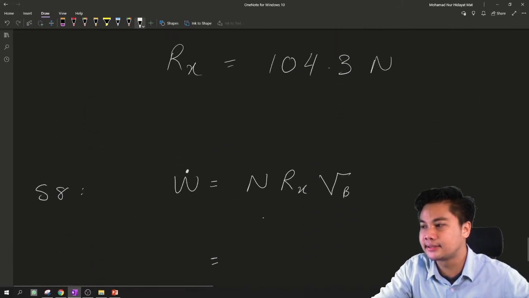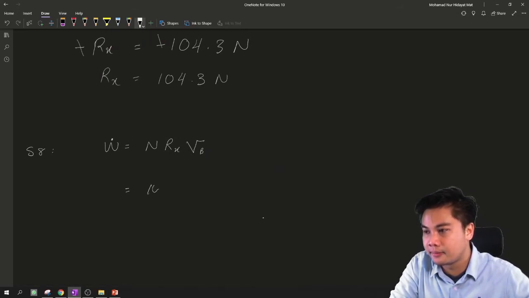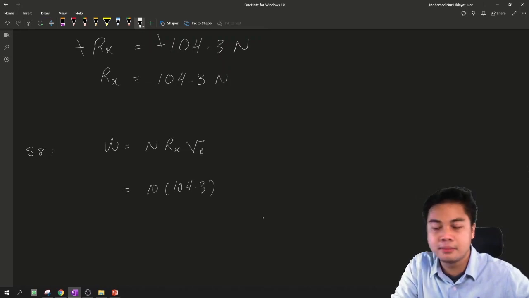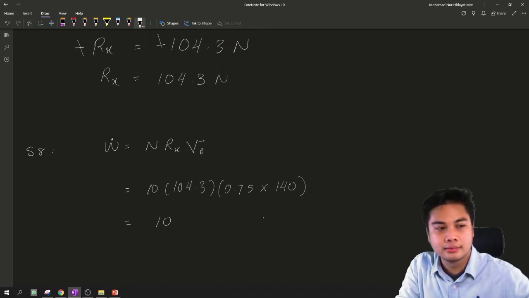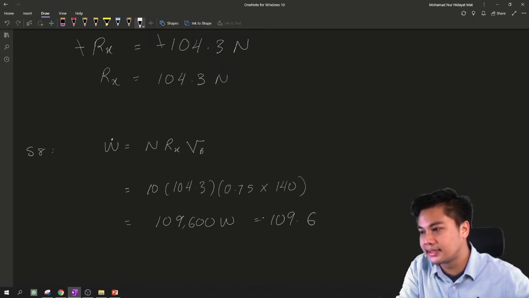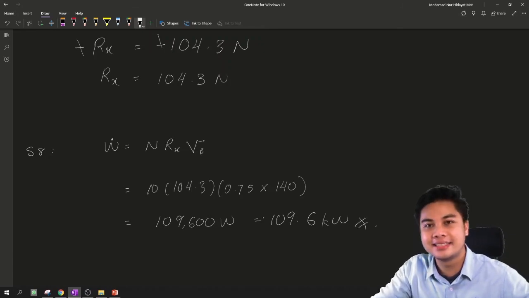So in this case, N is 10 multiplied with Rx, 104.3, multiplied with VB, which is R omega. So radius is 0.75 multiplied with 140 radian per second. So finally you will get the answer is 109,600 watt. So you can simplify to 109.6 kilowatt. Therefore that is the final answer.